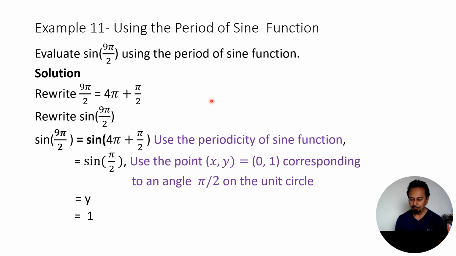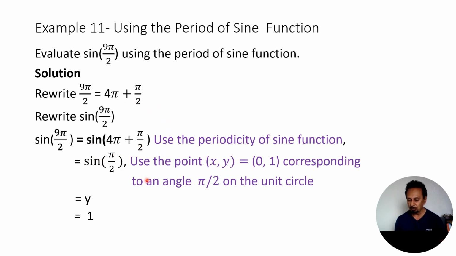Example 11. Evaluate sine of 9 pi over 2 using the period of the sine function. So let's rewrite 9 pi over 2. If you divide 9 by 4, it becomes 4 pi plus pi over 2. So sine 9 pi over 2 becomes sine of 4 pi plus pi over 2.